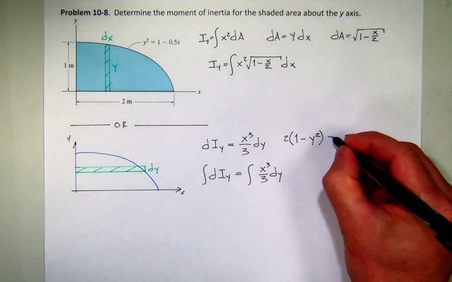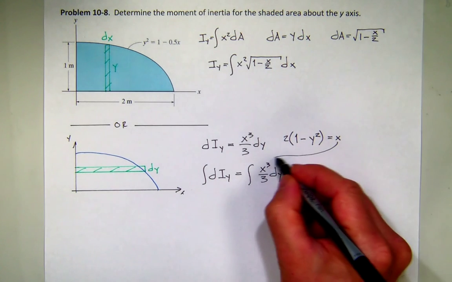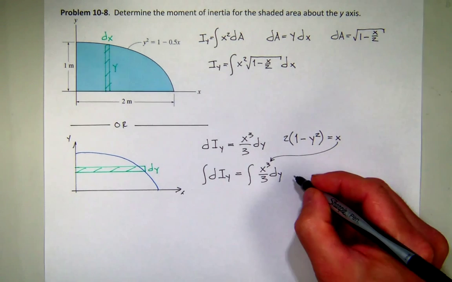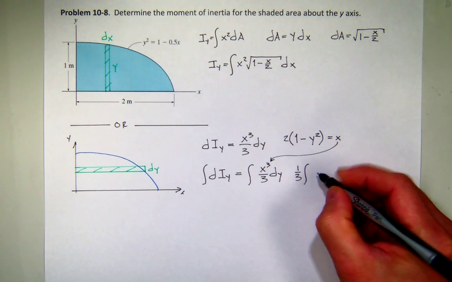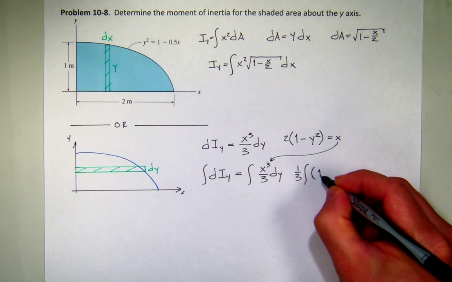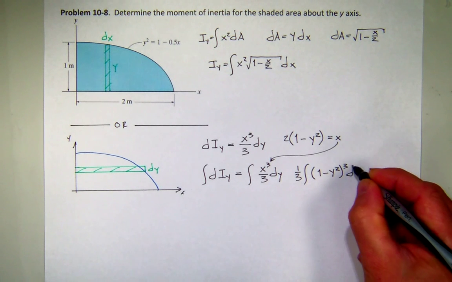So that's equal to x. And I just need to put that right there. So I'll take my 1/3 out, so I just have x cubed, which is 1 minus y squared cubed dy.